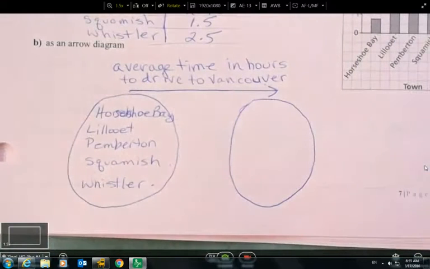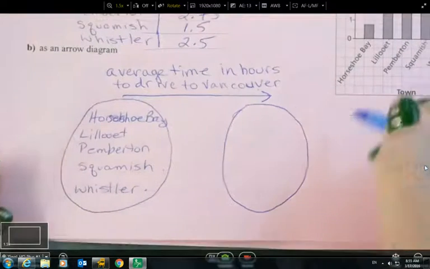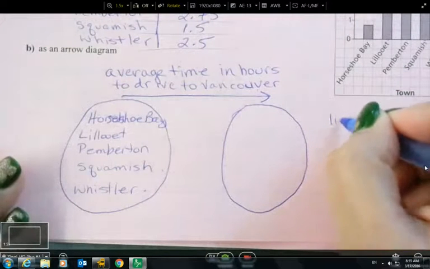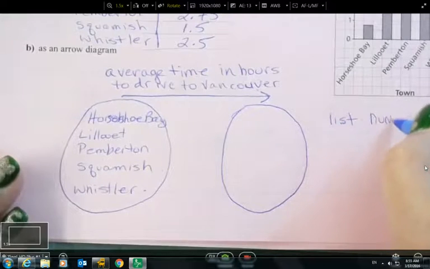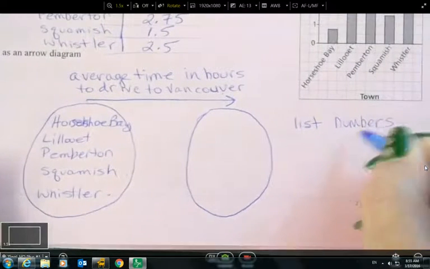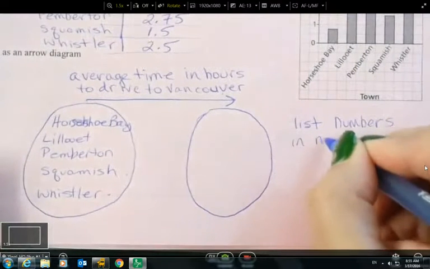The times in hours. Now let's have a look at the numbers that we have. Do we have any that double up at all? No? Okay. So why don't we list these numbers in numerical order?